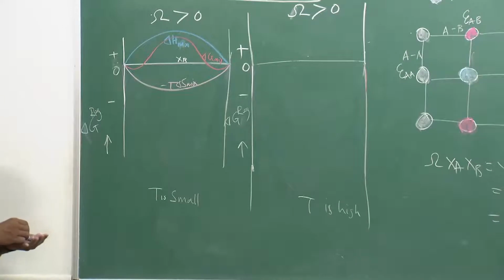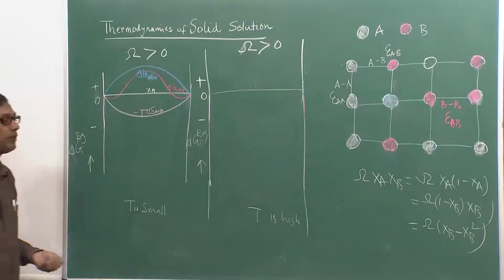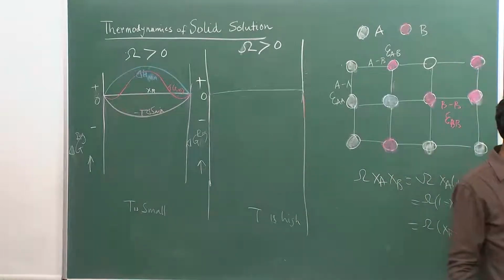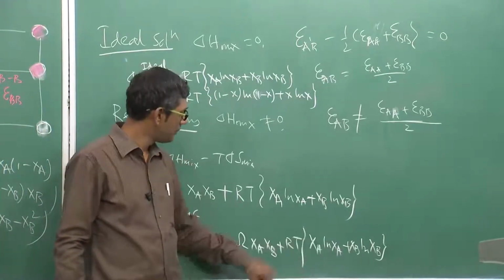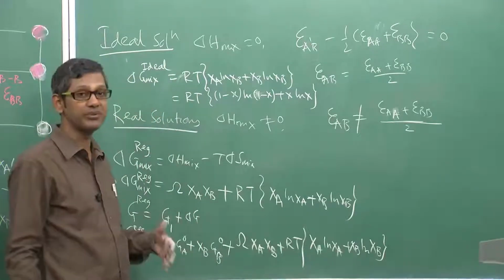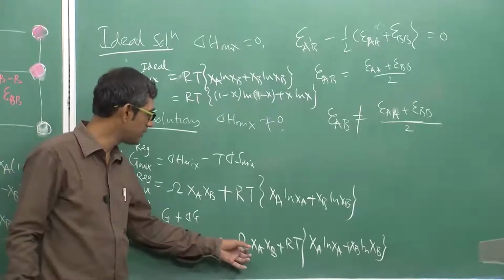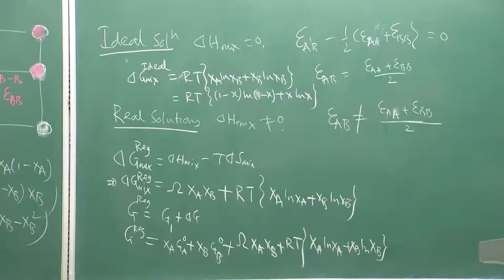Okay, now let me move a little further and explain what will happen when omega is more than 0 but temperature is high. What you can see here is that, as I said in the last lecture also, the important contribution because of high temperature is coming from the entropic term, because T is directly visible here. So, the entropic contribution will increase substantially, but the enthalpy contribution, which is coming from omega XA XB, will not change much, because we know that bond energies do change as a function of temperature, but normally they do not change drastically.